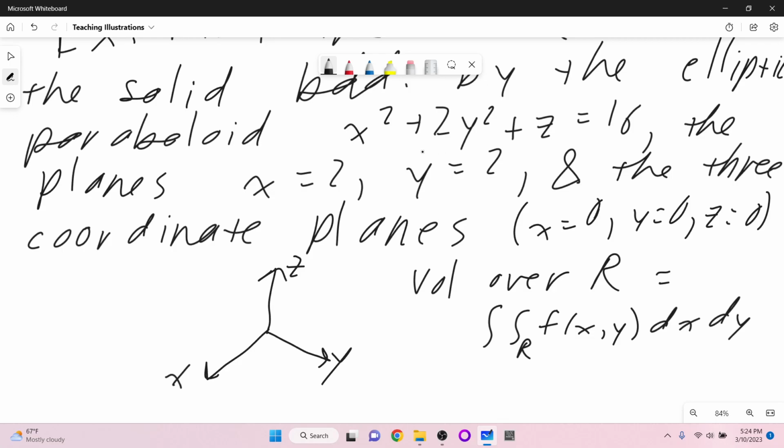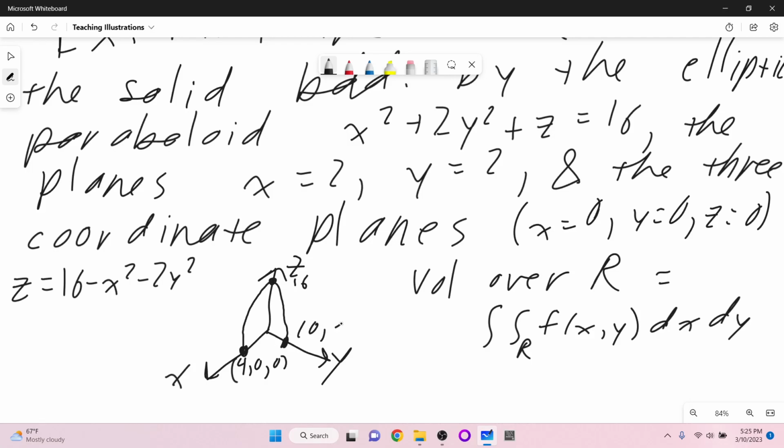All right, so this equation, x squared plus 2y squared plus z equals 16, can be rewritten as z equals 16 minus x squared minus 2y squared. And so this would start at a height of 16 and sort of loop down to where, let's see, if y is 0, then x would be 4. So 4, 0, 0. If x is 0, then y would be 2 root 2, or root 8.